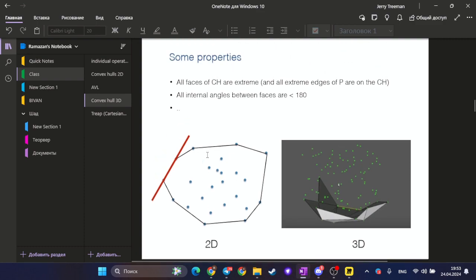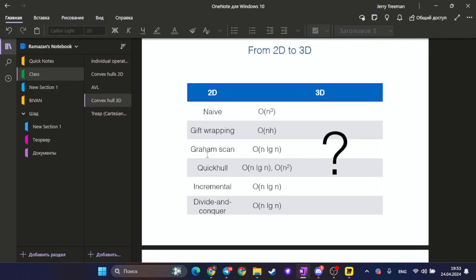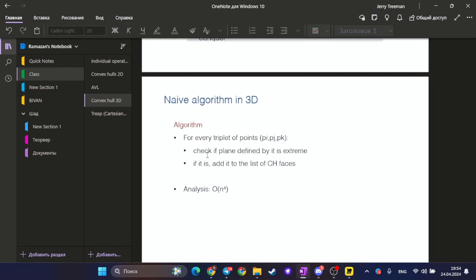So we are going to generalize the algorithms that we learned in 2D to 3D. How to do it naively? We consider every triplet of points and check if the plane defined by it is extreme.